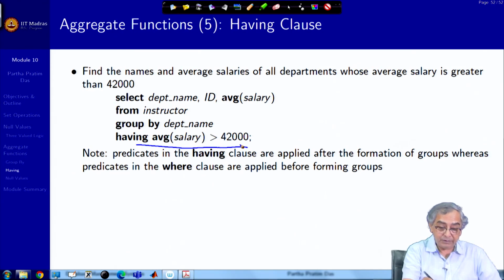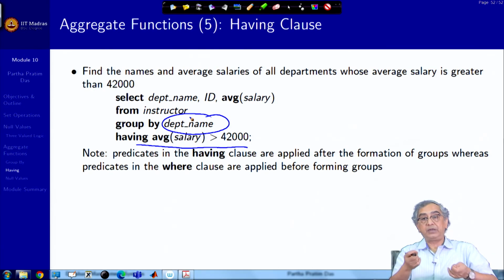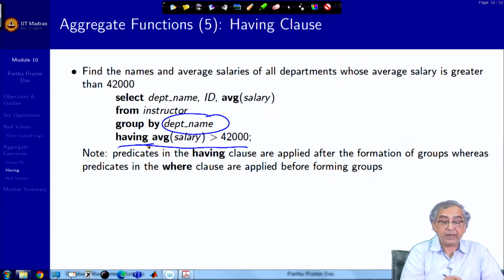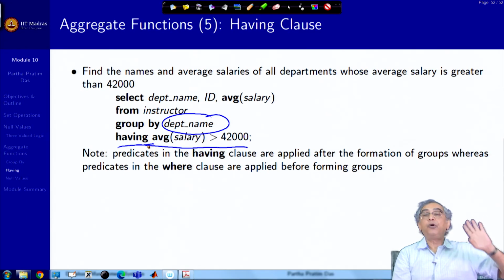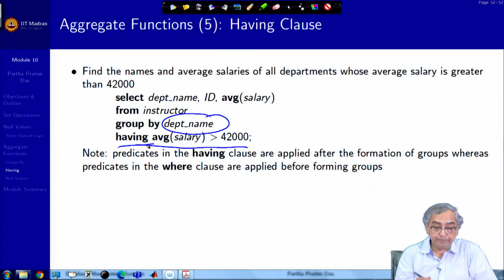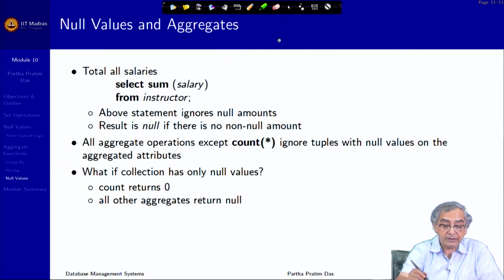First the group is formed, department name, then on that group if you want to put some condition, then you have the having clause. That is how it differs from the where clause, which applies before forming the group, right. So, that is another convenient way of writing queries.